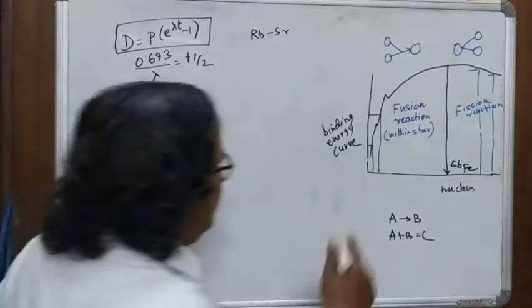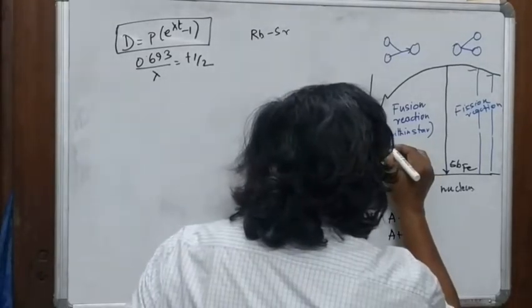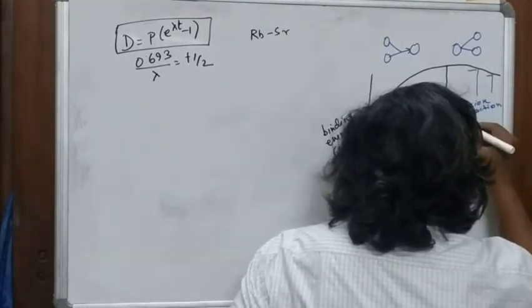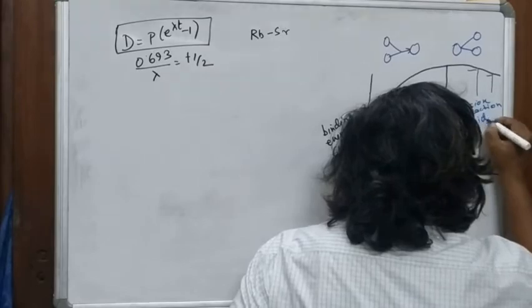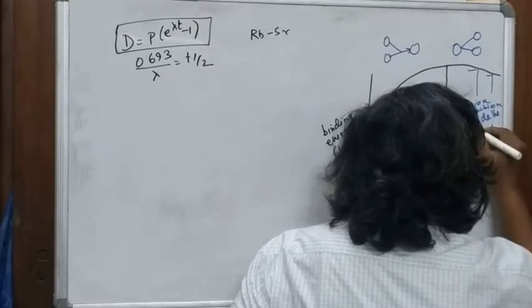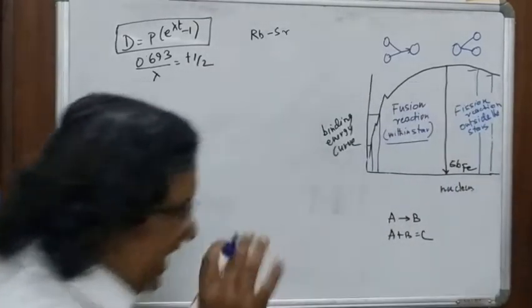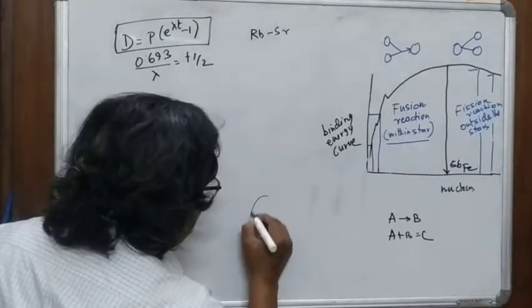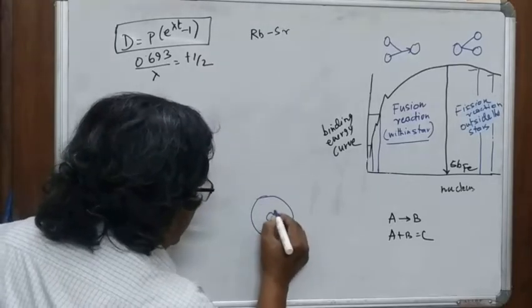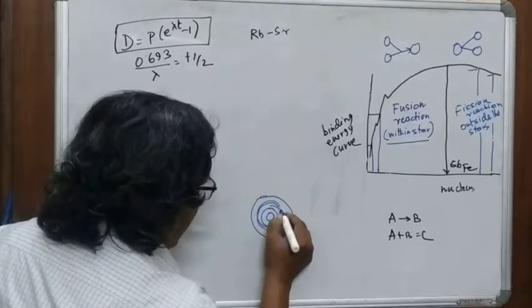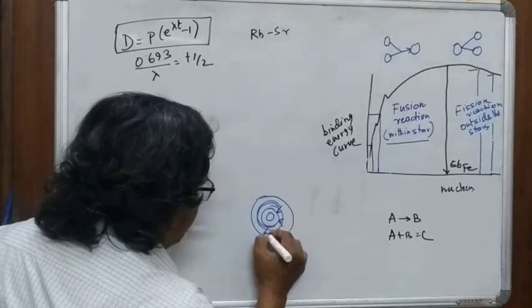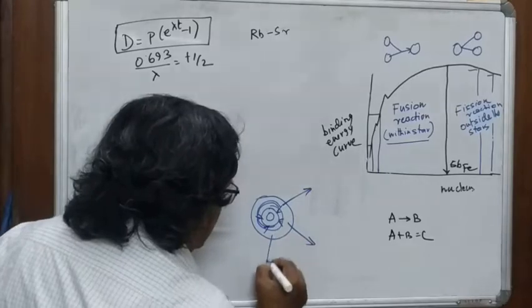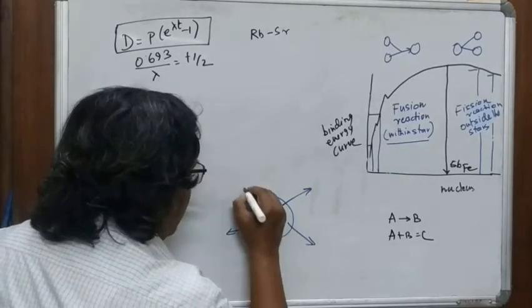Now all of these fusion reactions normally happen within the stars, but fission reactions occur outside the stars. This type of reaction happens when, for example, a star is formed and you produce all the materials of fusion reaction, and the gravitational collapse occurs at the core of the star and the outer part is blown off to conserve the momentum.